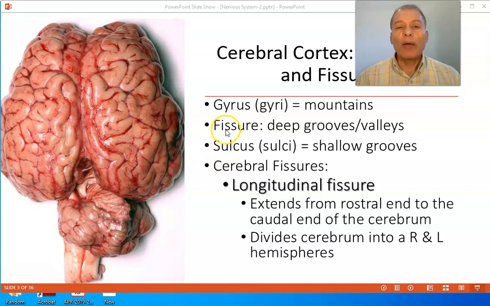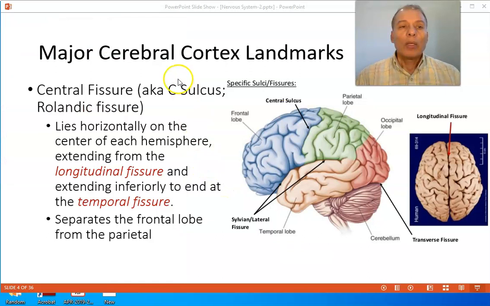Then we have the gyri. These are prominent areas like little hills, and each one has a particular name. The central fissure is on the center of the brain, and it separates the frontal lobe from the parietal lobe.